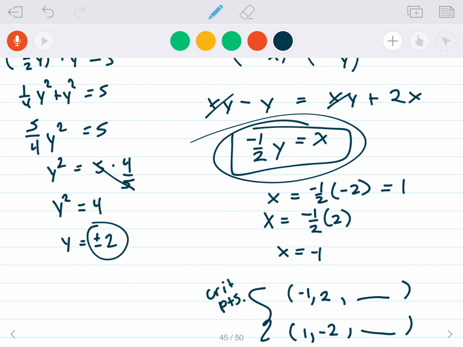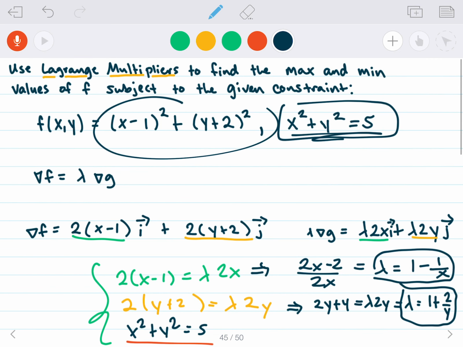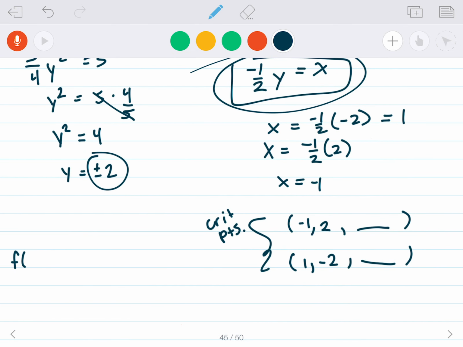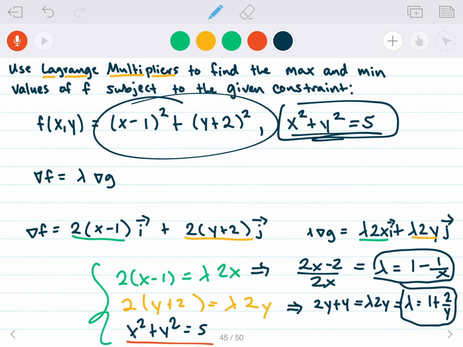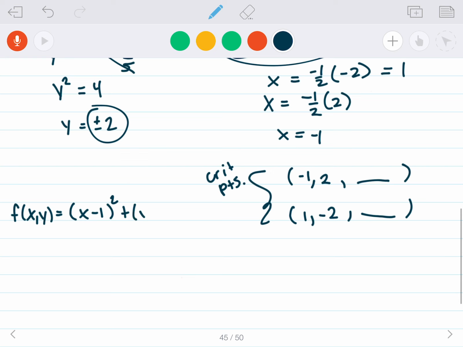Those are our critical points. So let's find our z value with our surface. Our surface is f of x, y equals x minus 1 squared plus y plus 2 squared.